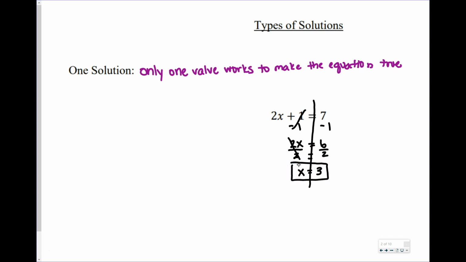Now, the real question is, do you know what this means? I think this is really important. When x equals 3, this means that if I plug 3 into this equation, it will make it true.